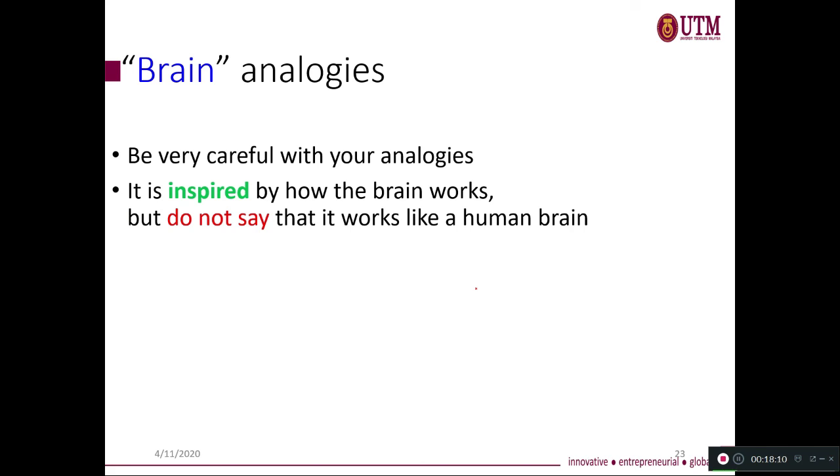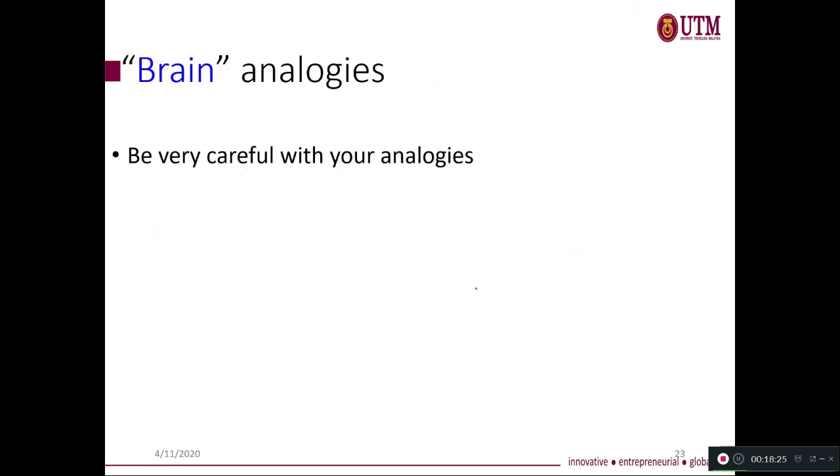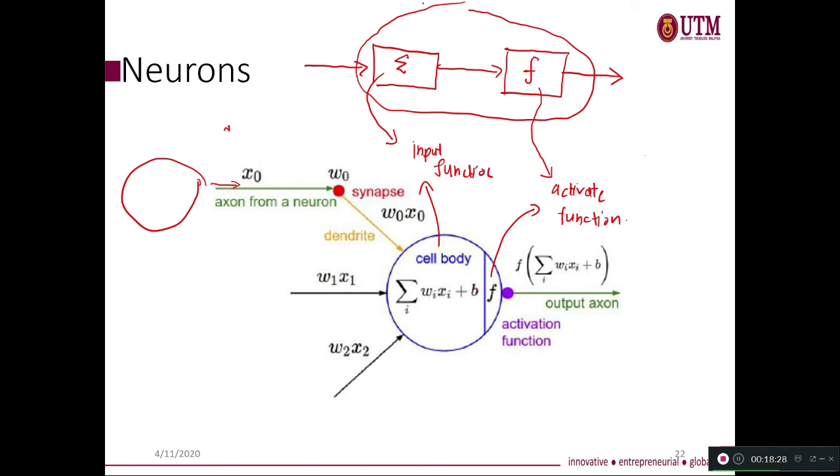So we still have a drawback in artificial neural networks, because when neuroscientists tried to model the behavior of a single neuron, they just assumed that a single neuron consists of two functions. One is a linear function, another is a non-linear function, meaning you are cascading the input function and the activation function to represent the neuron.